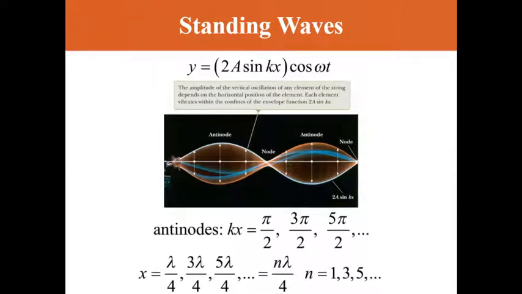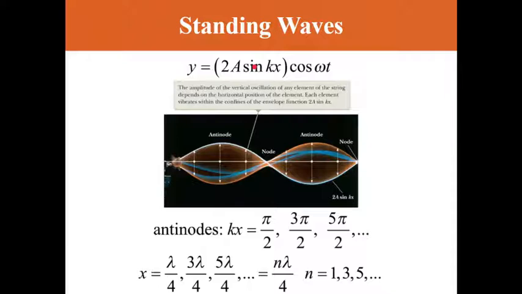On the other hand, when is the amplitude of a point in the medium maximized? Well, whenever the sine function is equal to 1 or negative 1, and that's true for 90 degrees, 270 degrees, and so on. So 90 degrees, plus pi, plus 2 pi, plus 3 pi, whichever phases allow sine to be maximized.